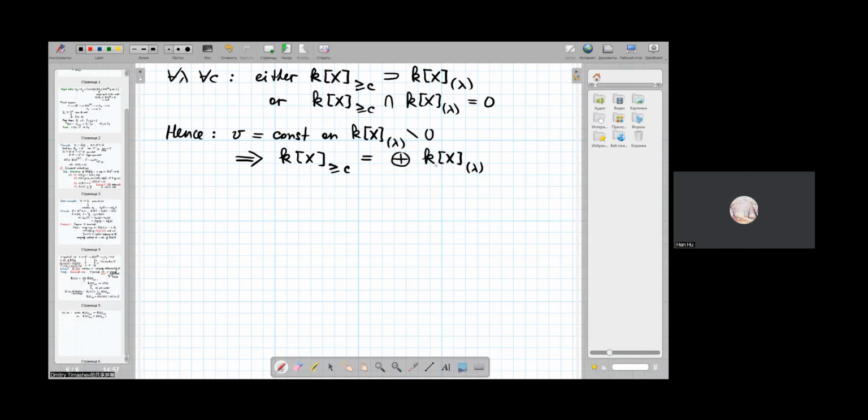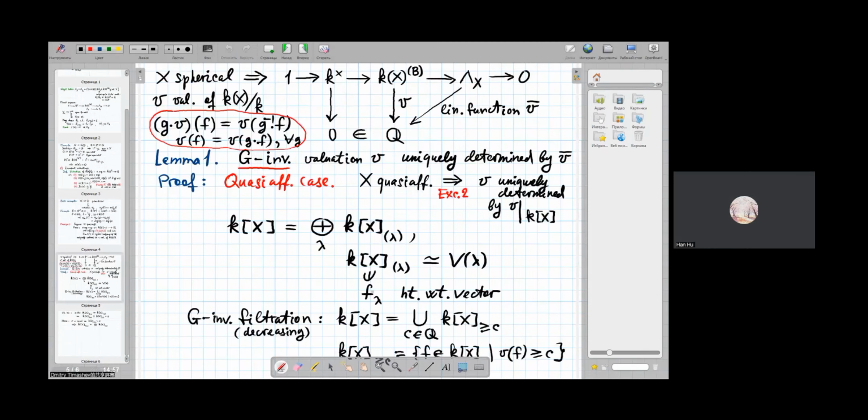But this value is the same as the value on the highest weight vector, this f lambda. And the value of f lambda is given by this linear function on the weight lambda.